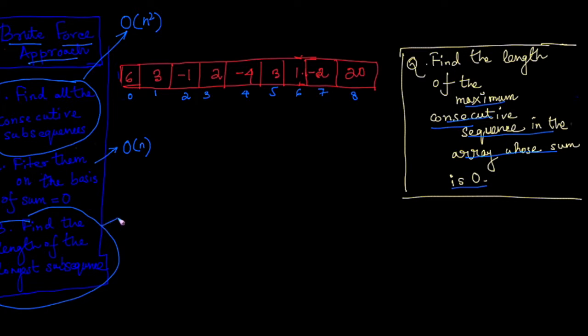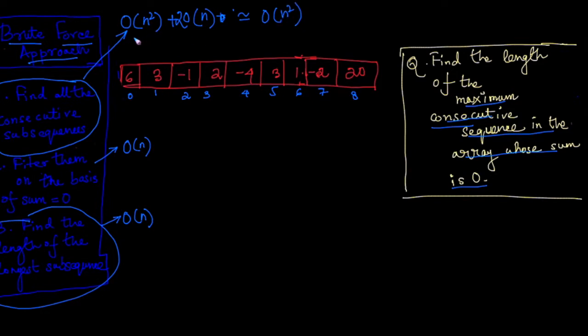And then we are doing another O(n) task to find out which one of them is the longest. So the total time complexity is O(n) plus O(n^2) plus O(n), or maybe 2 O(n) you can write, right? So the time complexity will actually be O(n^2), because that is the most dominant part. Now the question is, can we do better?